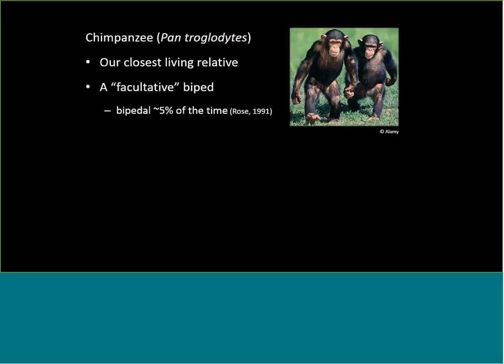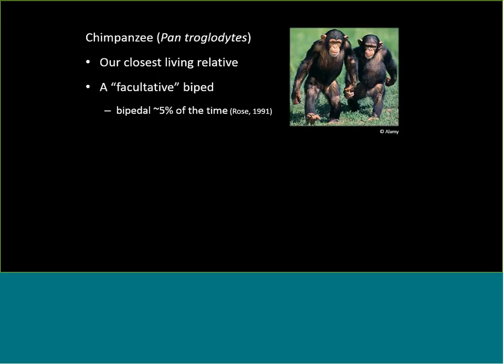So much modern current research focuses on how human locomotion is similar to or different from that in chimpanzees, being an extant species that we can actually study experimentally. As mentioned earlier, chimps are our closest living relatives, and they're considered facultative bipeds, meaning bipedalism is optional for them. And while, as I pointed out in that video, they're fully capable of doing it, it's something they only engage in maybe around 5% of the time.